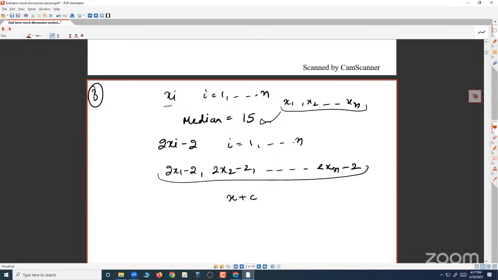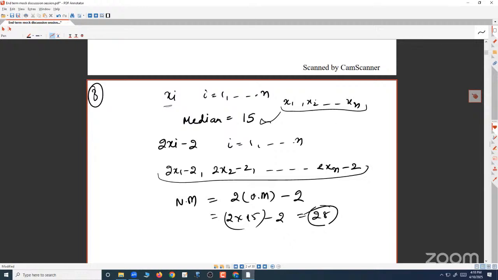In that way, I'm multiplying and then subtracting. So the new median would be 2 times my old median minus 2. So my value would be 2 into 15 minus 2, which is basically 28.